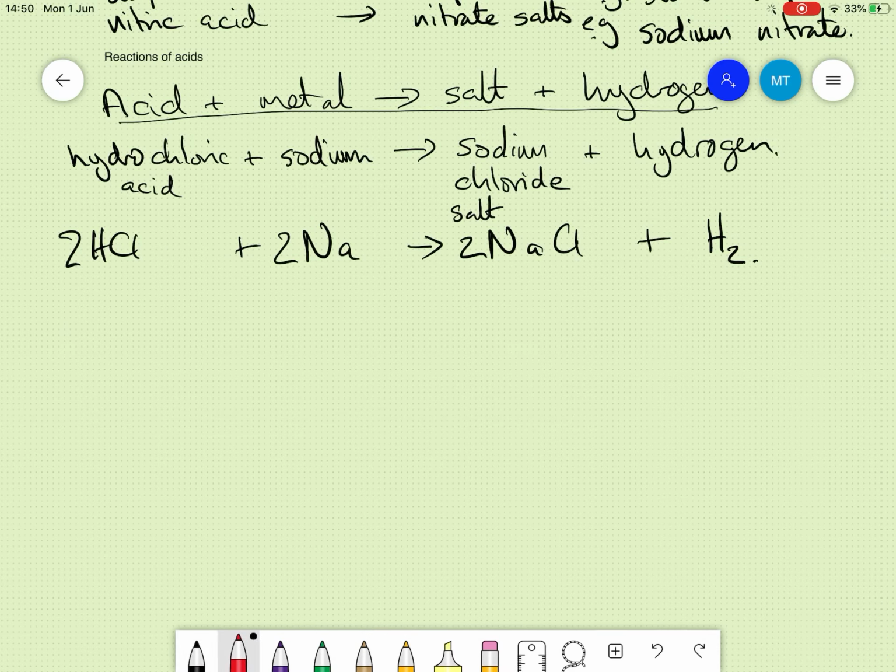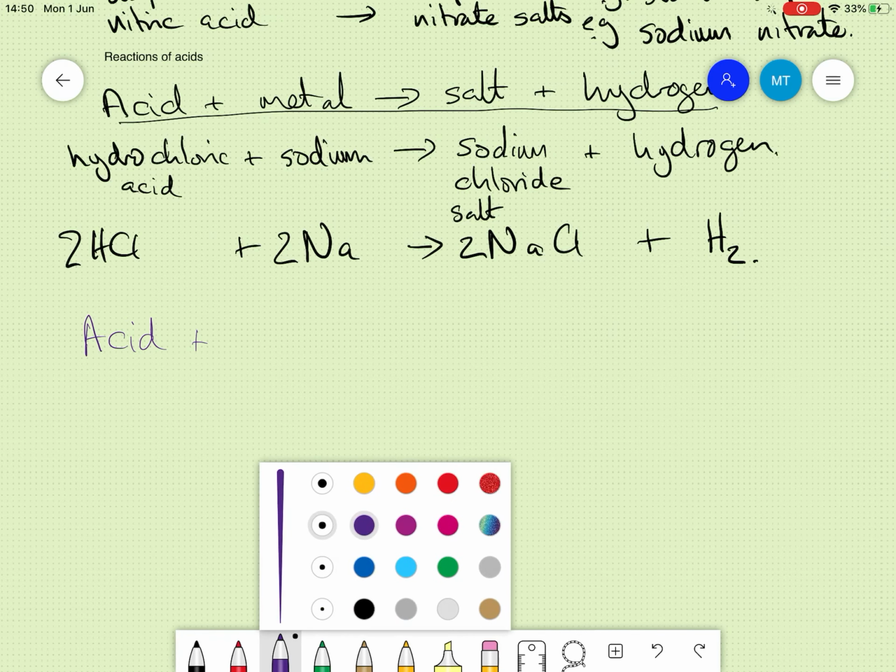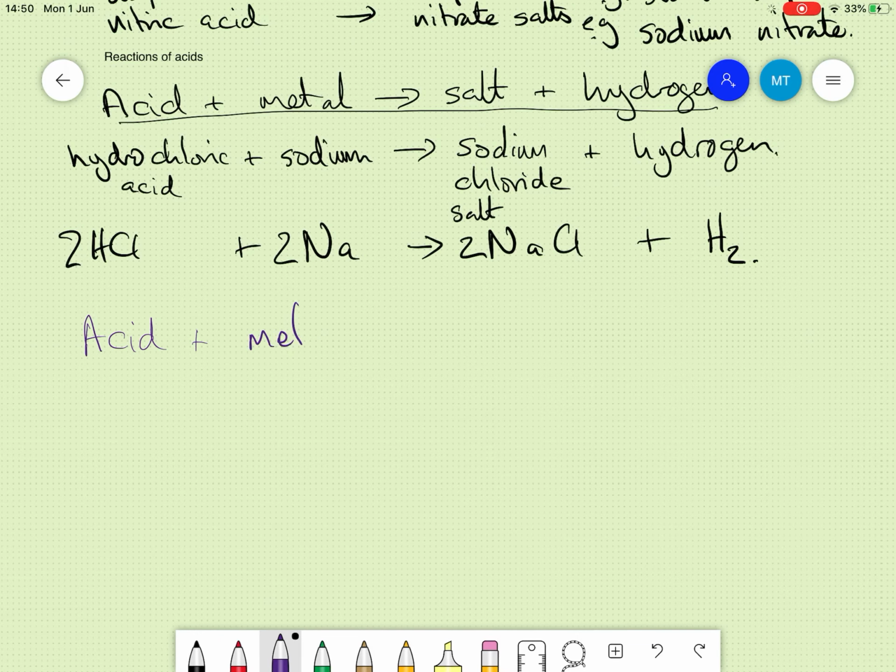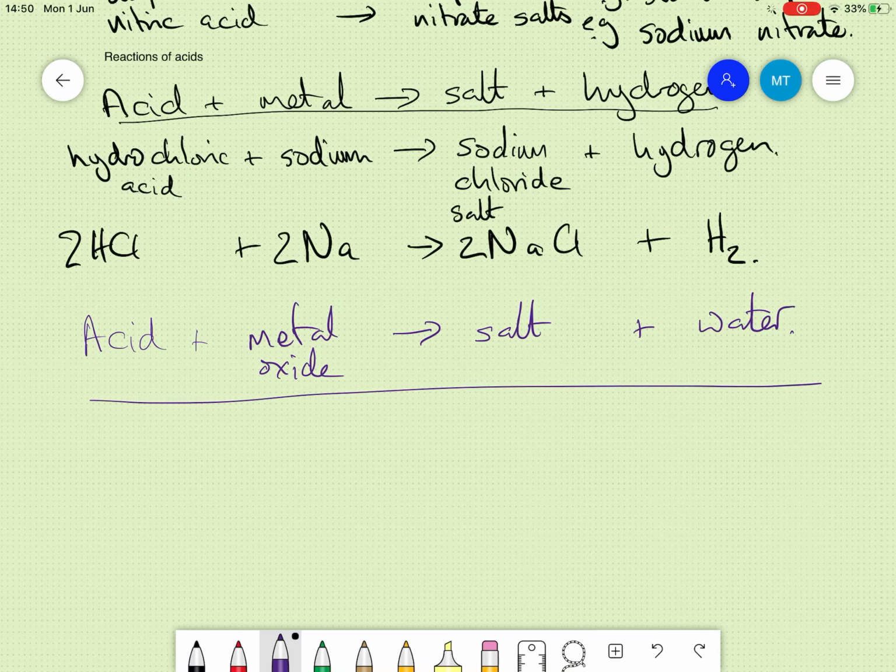The second one is going to be acid plus metal oxide forms salt plus water. So let's put sulfuric acid plus, let's say, magnesium oxide.